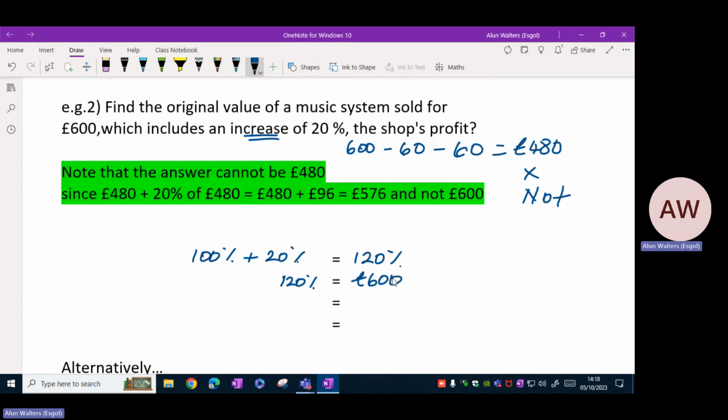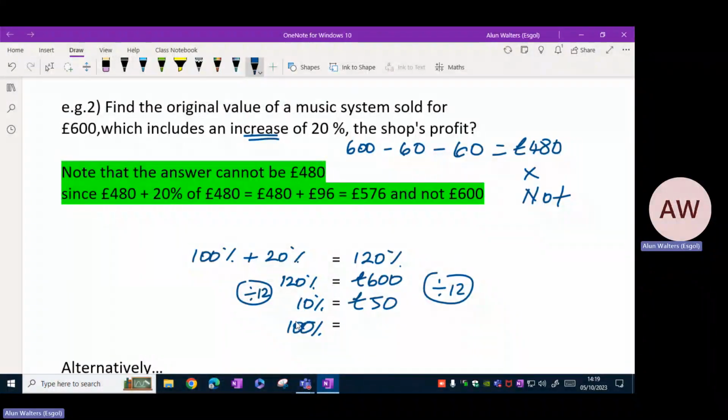And then this is where you're using a method of proportion to try and get 100%. You want to end up saying 100% equals something. So what I'm going to do with the first method is I'm going to divide the left by 12 and the right by 12. So I end up with 10%, and if I divide 60 by 12, we've got 5 and then a naught on the end.